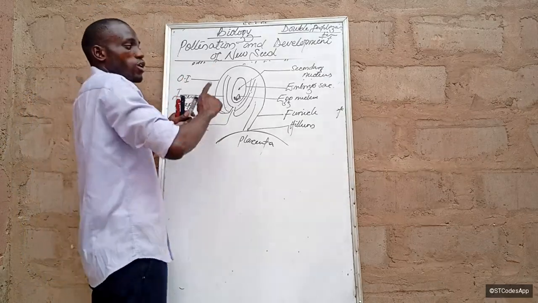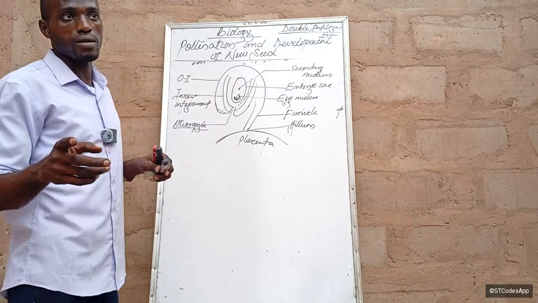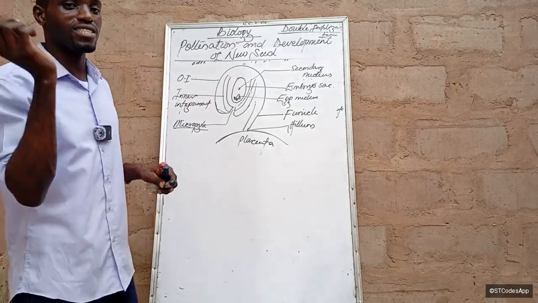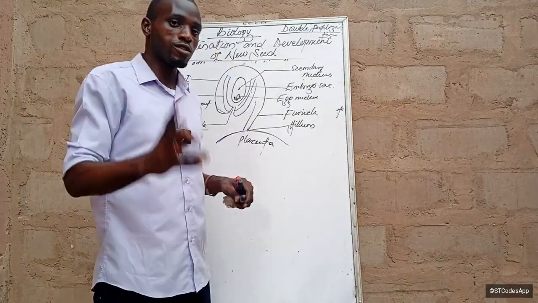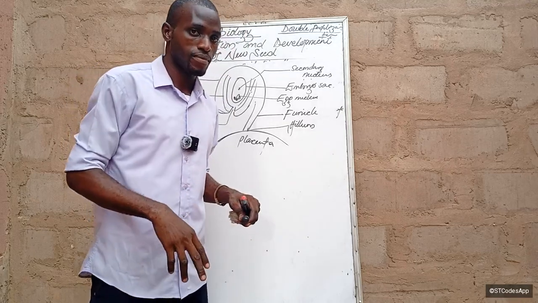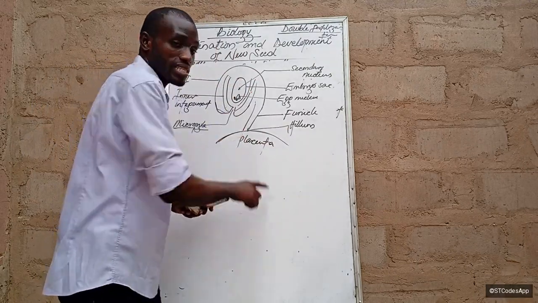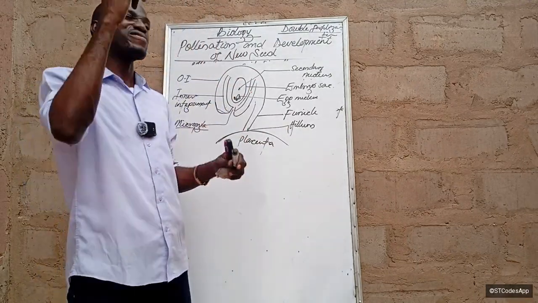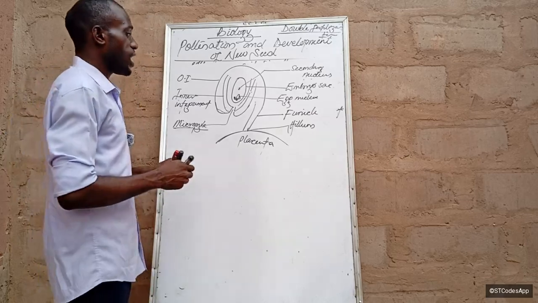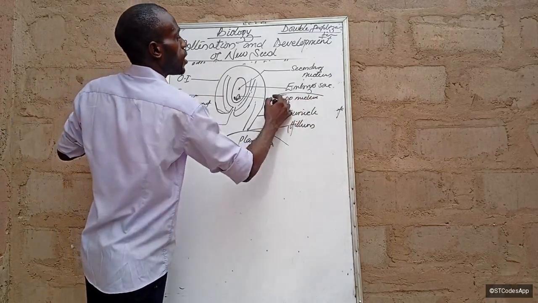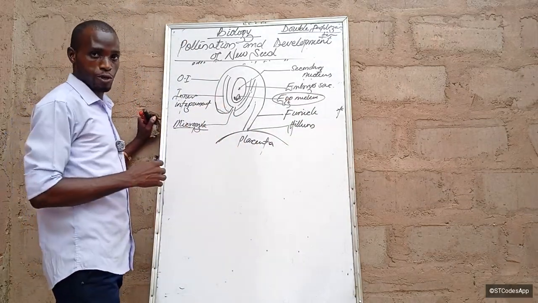Then the generative nucleus, sorry, it's not the tube nucleus, it's the generative nucleus that divides into the male nuclei. I'll repeat that. The tube nucleus disappears once it enters this place. The generative nucleus is the one that now divides into two nuclei, and the first nucleus will fertilize the egg nucleus.